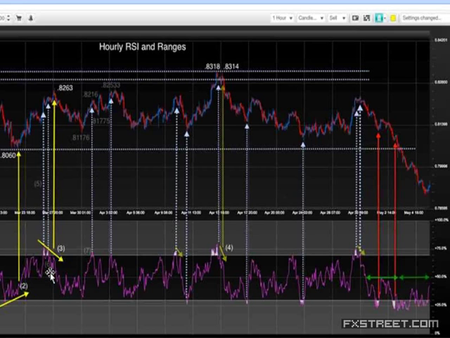And at point 6, we require the ability to withstand a 46 pip move after it's left this overbought zone. So it's a pretty painful stop loss that we need if we're trading just off the back of these zones.